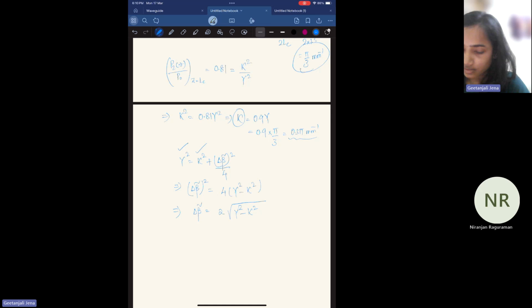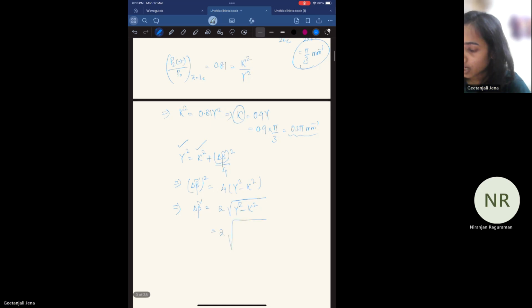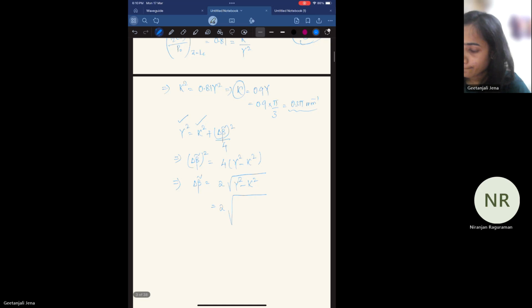So let me put the values. Gamma square is pi by 3, right? So pi square by 9. And kappa square is 0.35, which is 0.09 pi square.